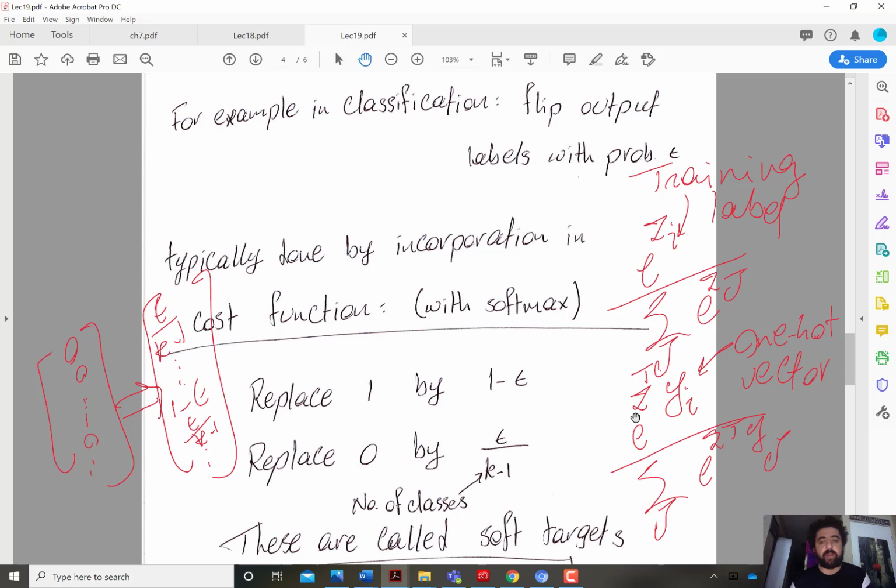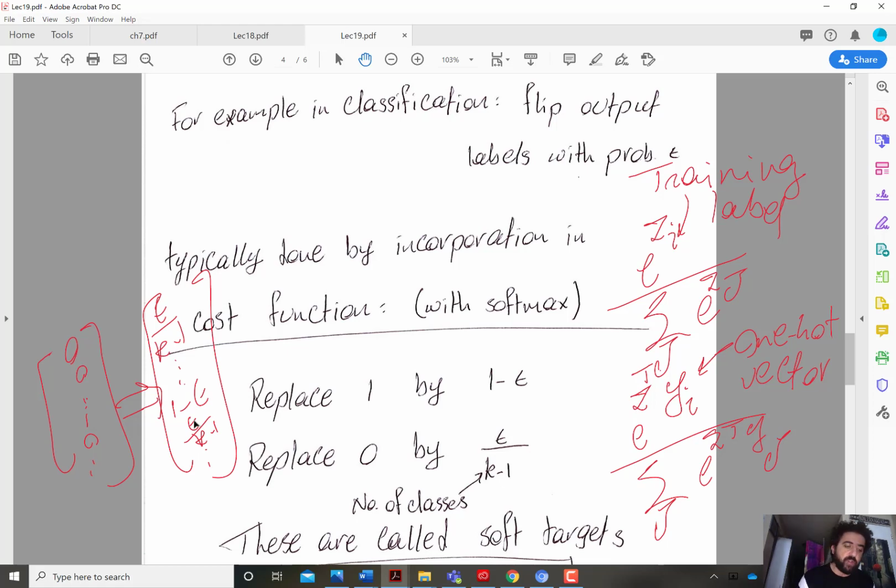So if epsilon is 0.1 and I have 10 classes, I change the label given to me in training to 0.9 instead of 1. I replace the one-hot vector by a vector that has 0.9 in the index corresponding to the training label, and 0.1 divided by 9 in all the other indices.